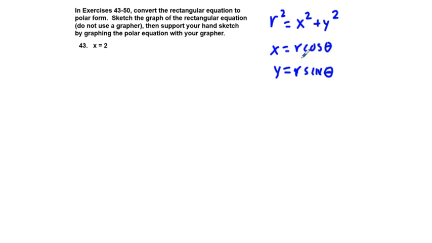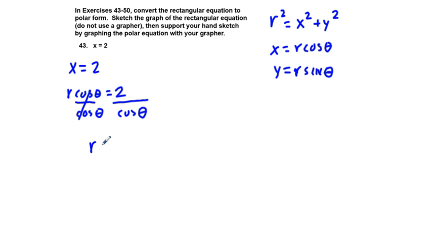x equals 3. Well, x equals r cosine theta, so we replace x. I said x equals 3, I should have said x equals 2. So we say r cosine theta is equal to 2. To solve for r, we divide both sides of this equation by cosine theta, we have a cancellation, so r is equal to 2 over cosine theta.